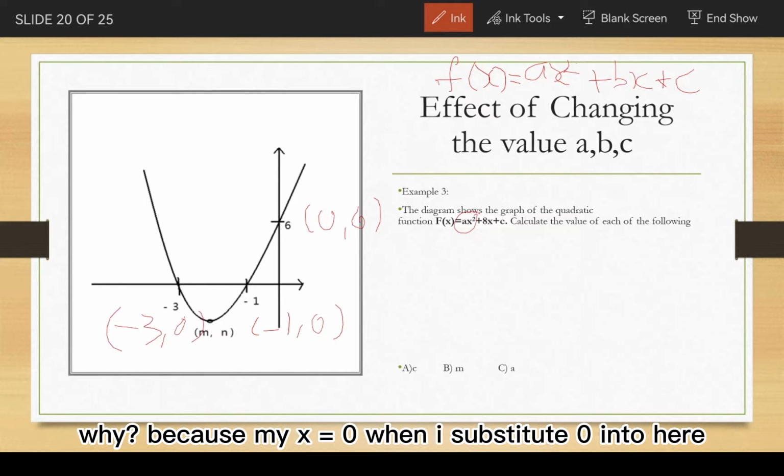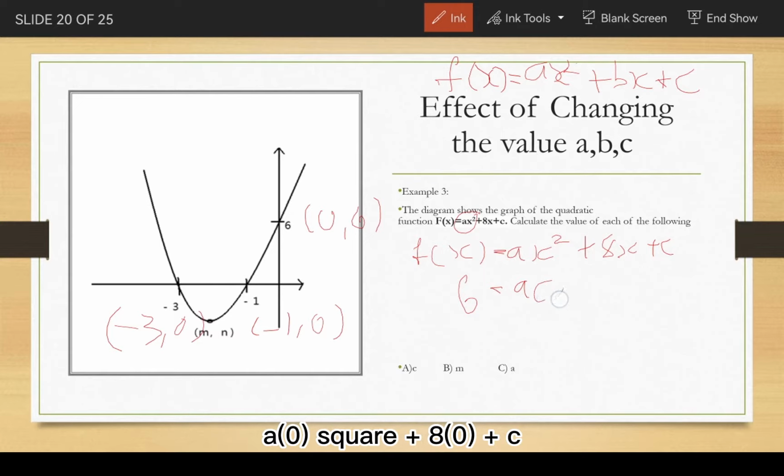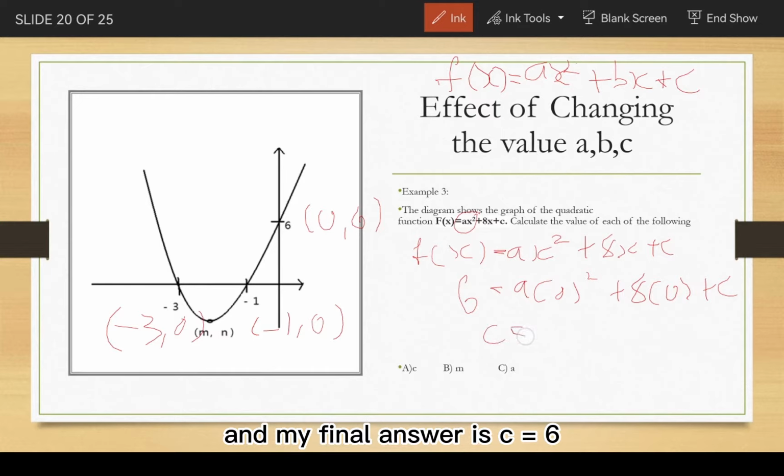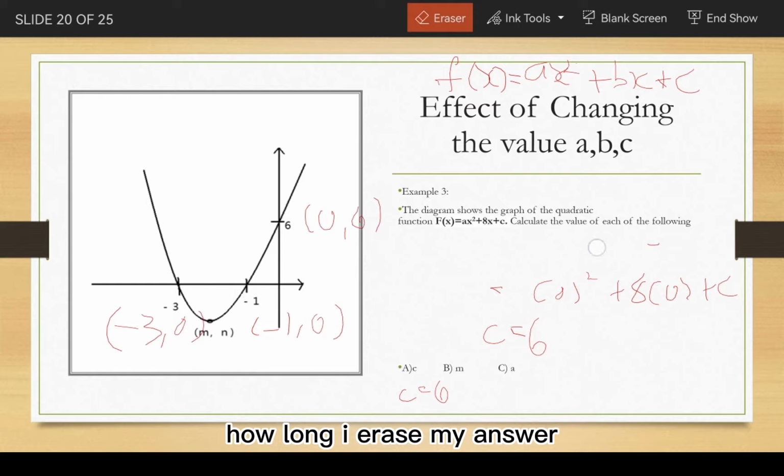When I substitute 0 into here, f(x) equals ax squared plus 8x plus c, 6 equals a times 0 squared plus 8 times 0 plus c, and my final answer is c equals 6. Hold on, I will erase my answer.